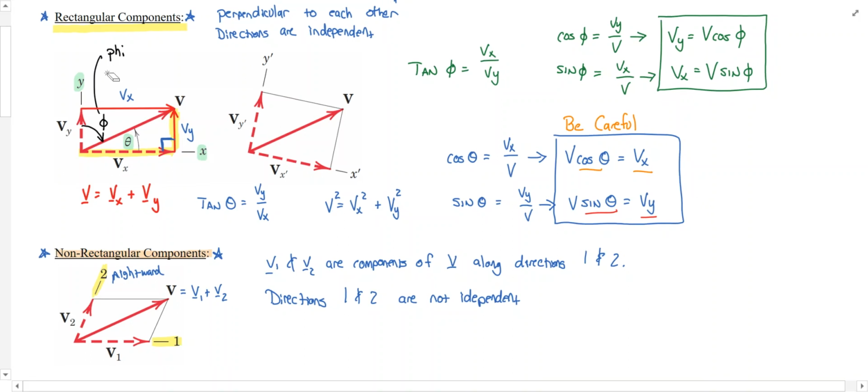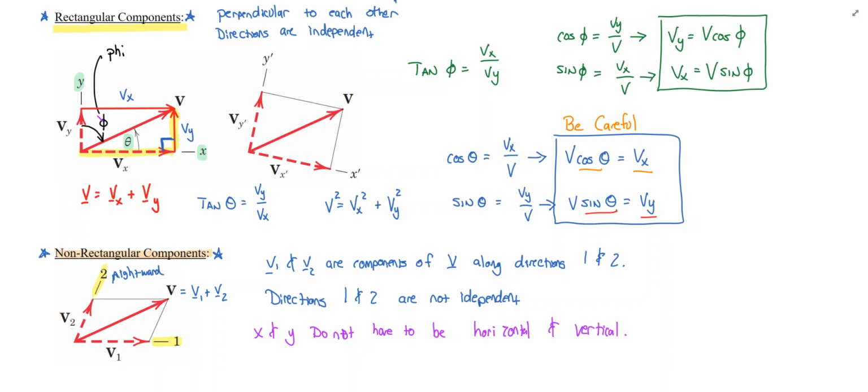Now, one other thing that I want to point out, it shouldn't be the case that x and y have to be horizontal and vertical. So x and y do not have to be horizontal and vertical. They are literally just reference lines that we choose.